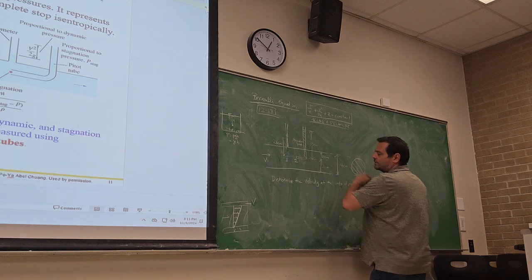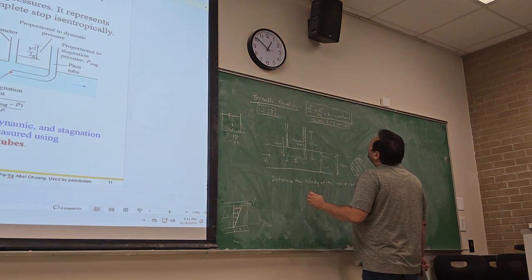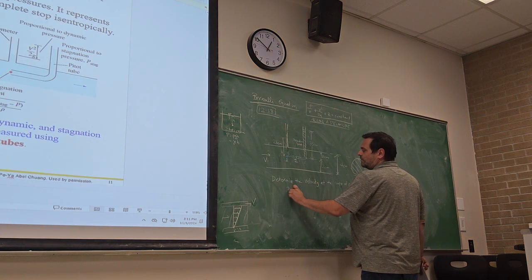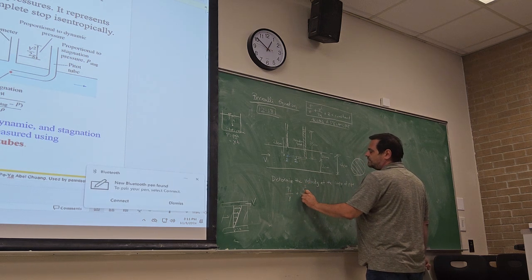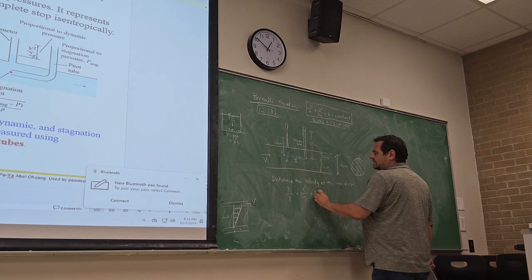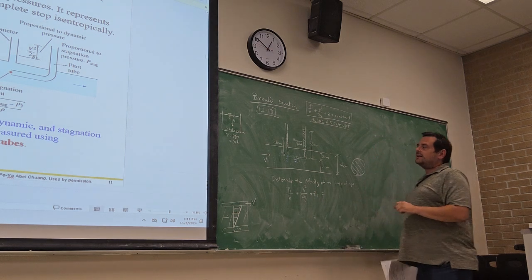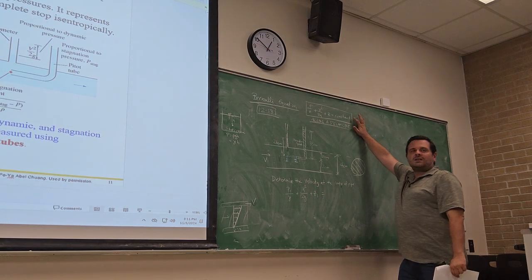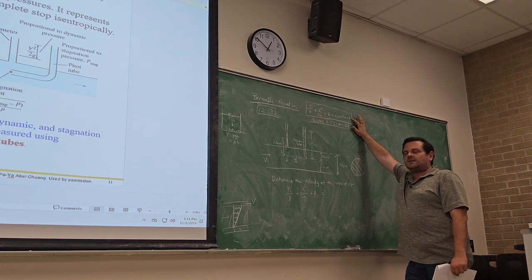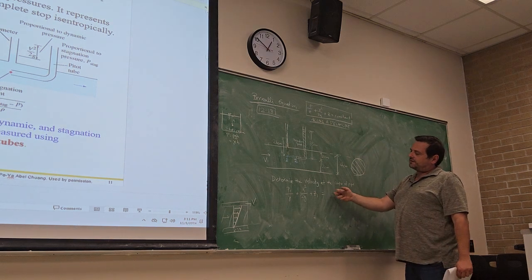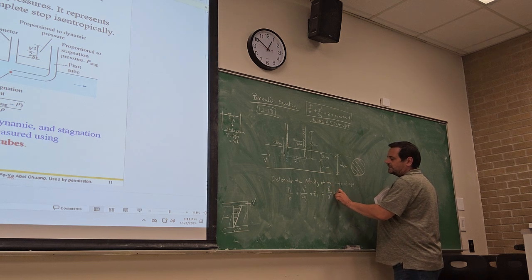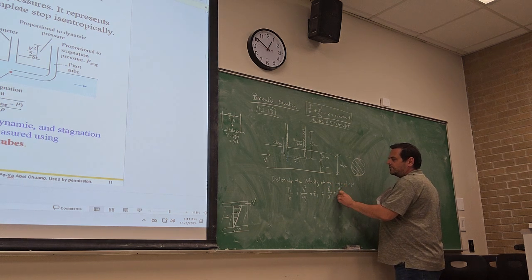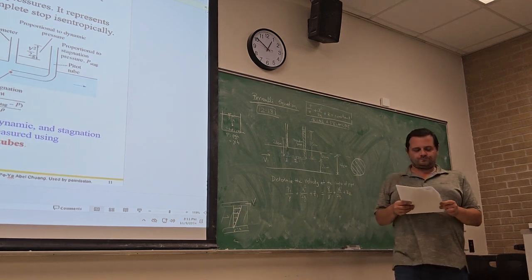That's why we're doing horizontal. So what do we have? P1 over gamma plus V1 squared over 2g plus Z1 equals, since it is constant and does not change along a streamline, P2 over gamma plus V2 squared over 2g plus Z2.